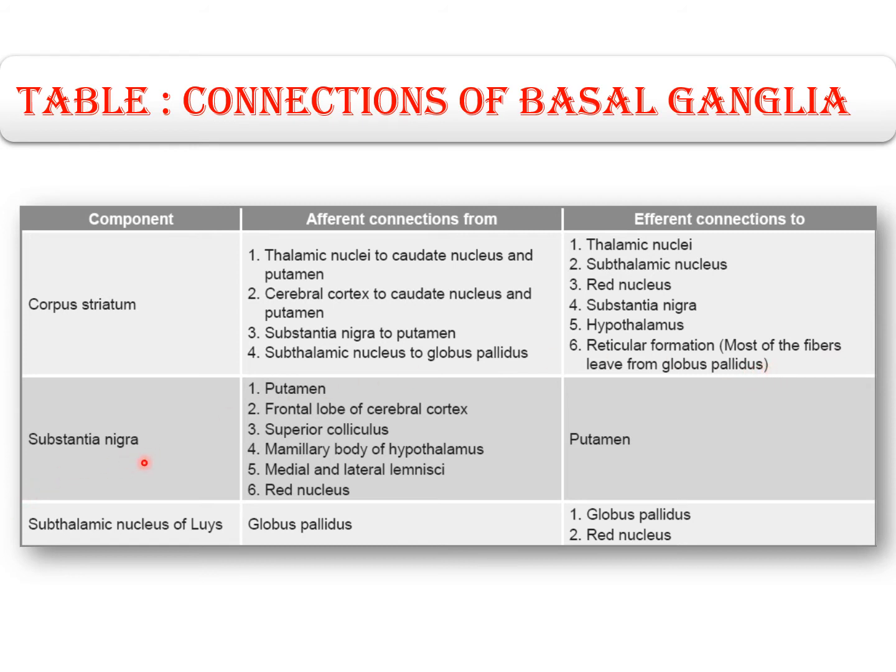Then the afferent connections of the substantia nigra are from the putamen, frontal lobe of the cerebral cortex, superior colliculus, mammillary body of the hypothalamus, medial and lateral lemniscus and red nucleus, and its efferent connection is to the putamen. Then the subthalamic nucleus of Luys: afferent connection from the globus pallidus, and efferent connection to the globus pallidus and red nucleus.